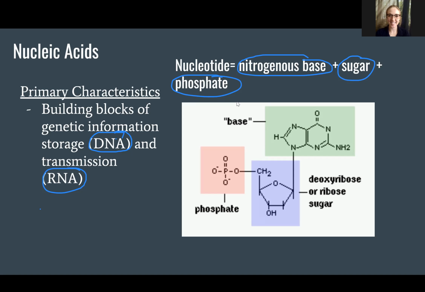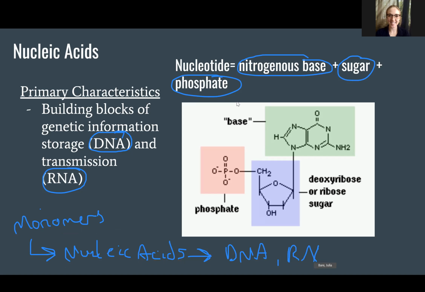So you've got the monomers, which make up the nucleic acid. And then the nucleic acids are going to create the DNA and RNA structure that we know and love so well from our biology classes, right?